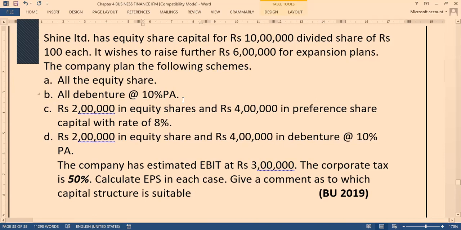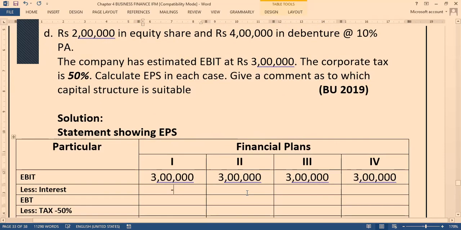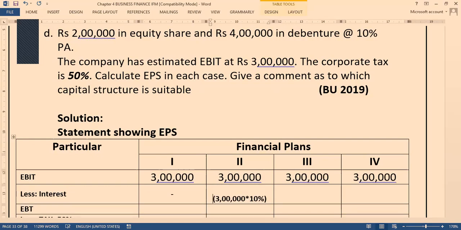We have to pay 10% as interest on the debenture.